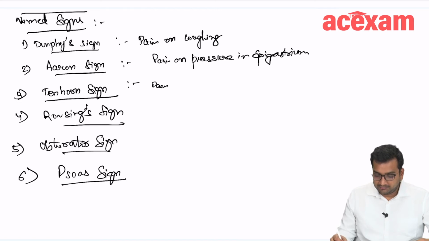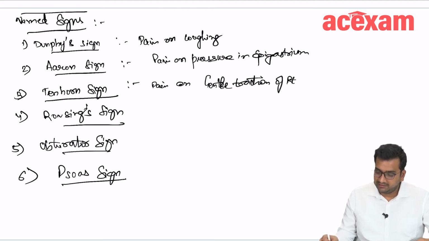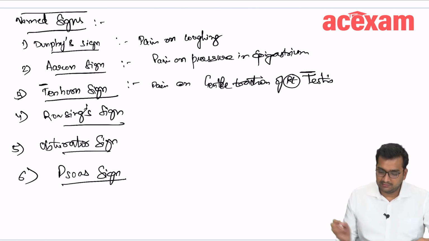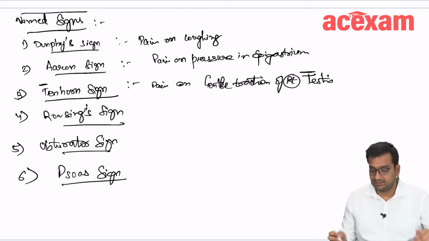Pain on gentle traction of the right testis is Tenhorn sign. T for testis, T in Tenhorn sign. This is the way I remembered it during my preparation also.